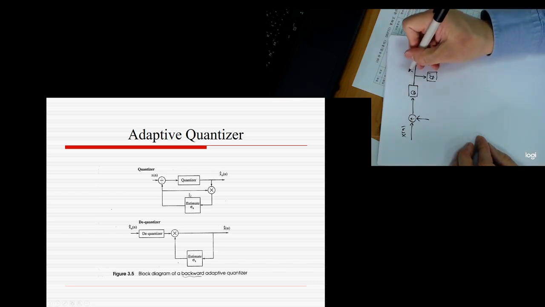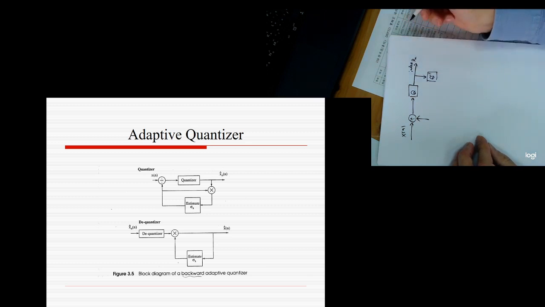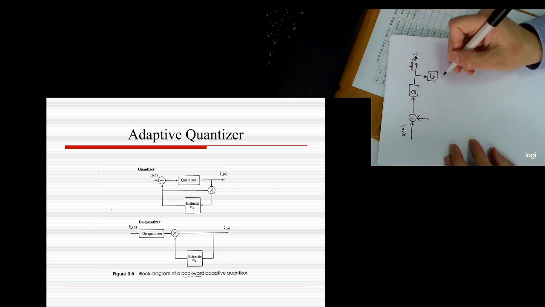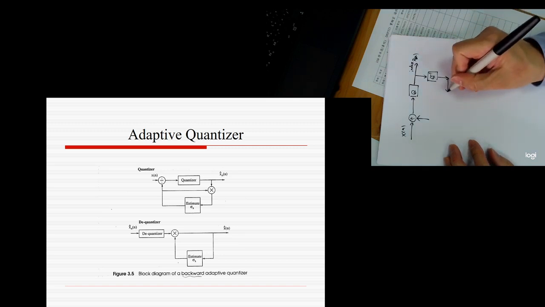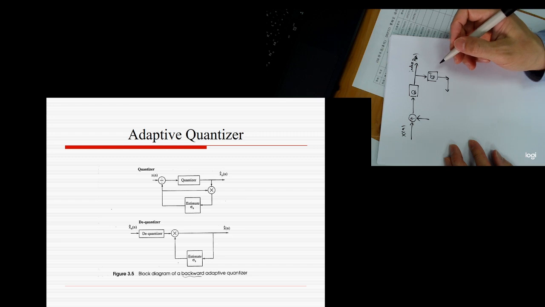So this one is the index, your S of n hat, your S of n. So we dequantize back, get the data. So this data will be used to do the estimate.